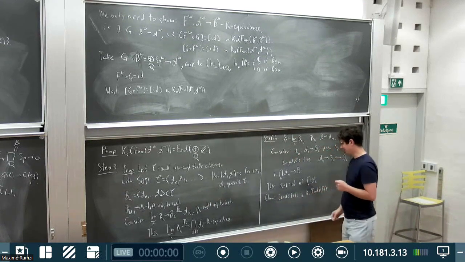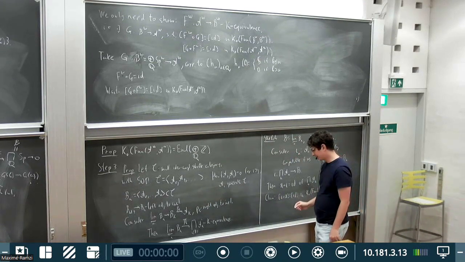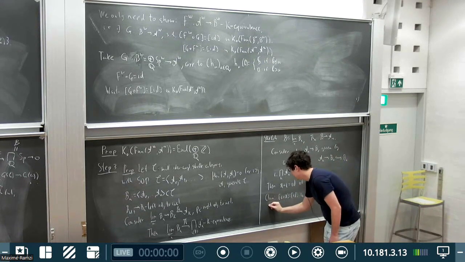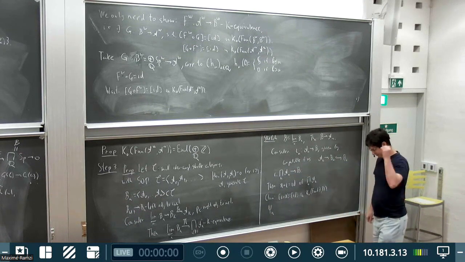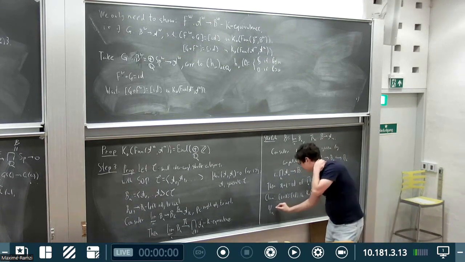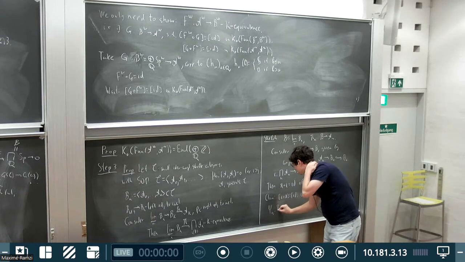And basically what you do is you consider these functors, let's call them psi n, from B to itself.